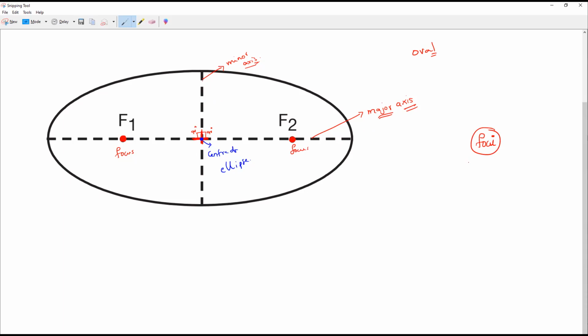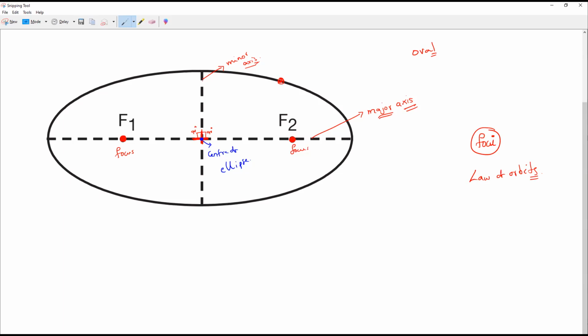Now, Kepler's first law of planetary motion is also called the law of orbits. So what does it mean? According to the first law, all the planets revolve around the sun in different elliptical orbits. Maybe this elliptical orbit is for Earth.